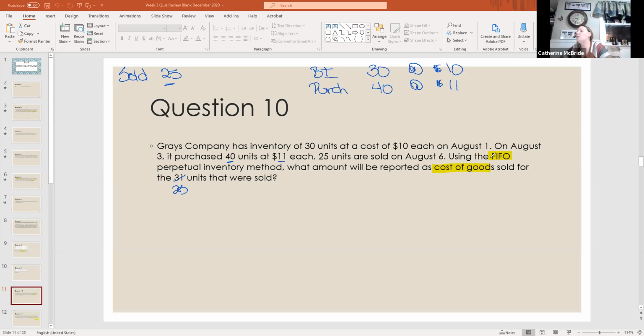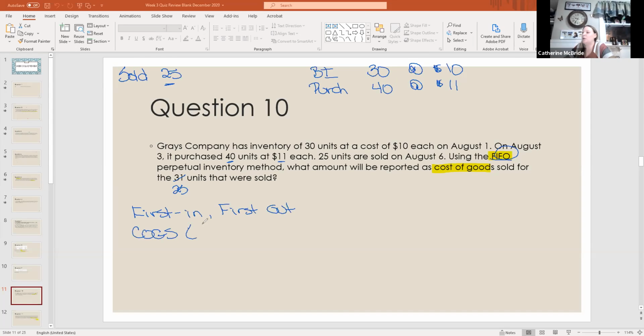Okay, so we're using FIFO. So first in, first out, and we want to do cost of goods sold. So first in, first out for cost of goods sold, do I start at the top or the bottom? Top. Yep.